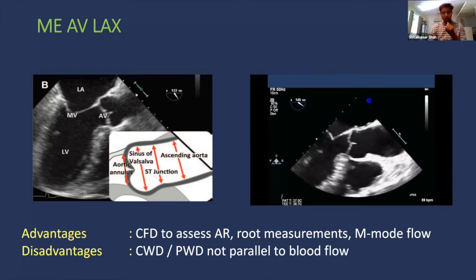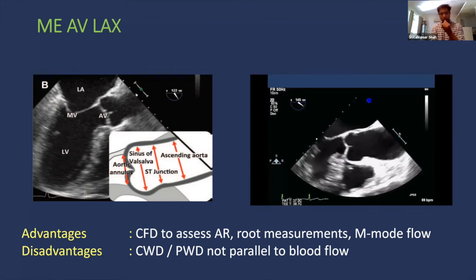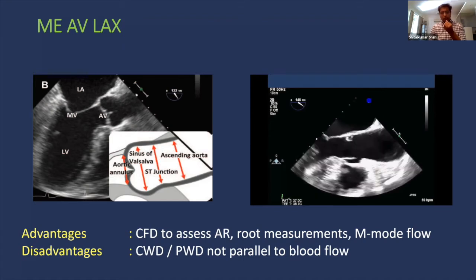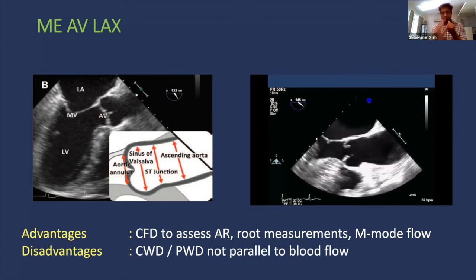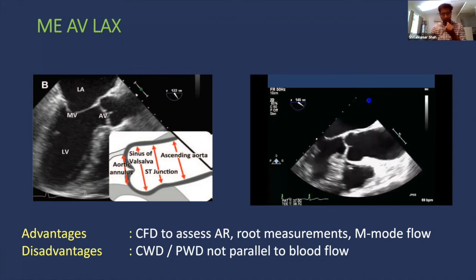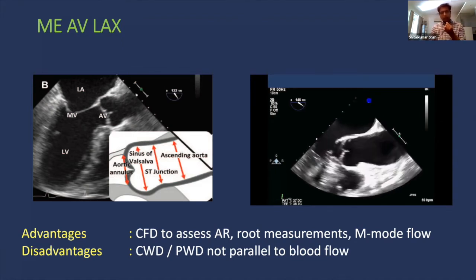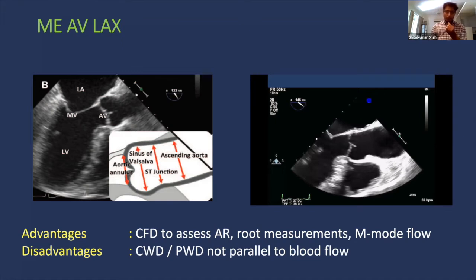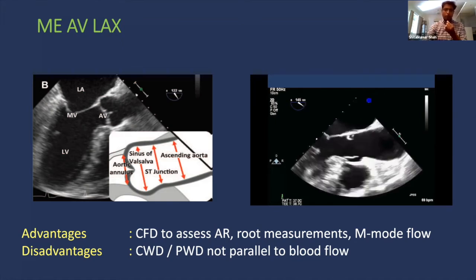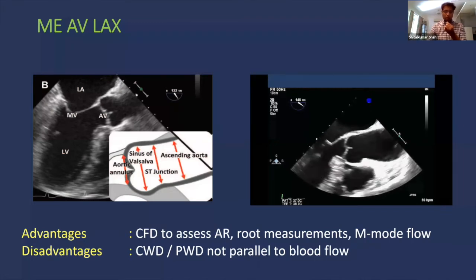The main advantages here are the application of color flow Doppler to assess aortic regurgitation and to do the root measurements: aortic annulus, sinus of Valsalva, sinotubular junction, proximal ascending aorta, and also the LVOT. Application of M-mode is another advantage, and the disadvantage is the same as that of the short axis view: application of spectral Doppler, since it's not parallel to the blood flow.